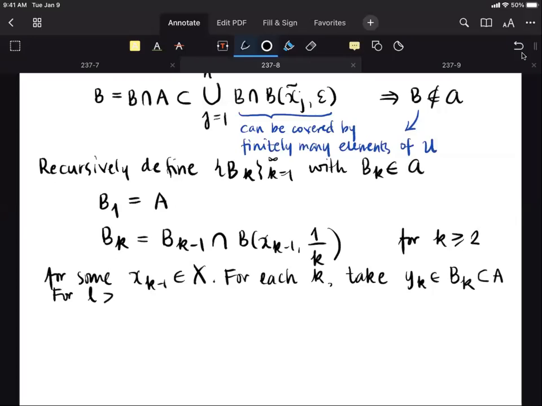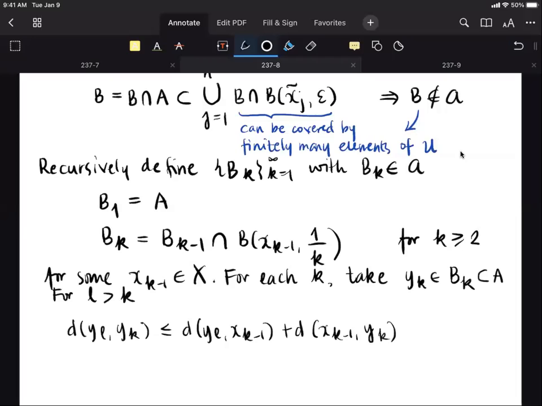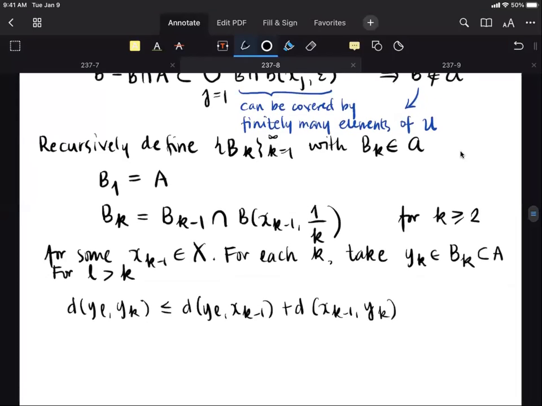Now for l greater than or equal to k, if we estimate the distance between y_l and y_k, this is less than or equal to the distance between y_l and x_{k-1}, plus, by the triangle inequality, the distance between x_{k-1} and y_k.